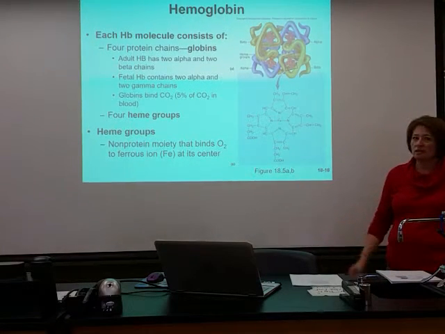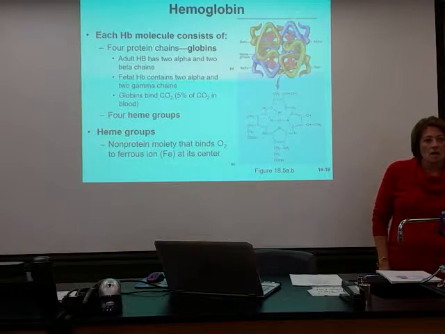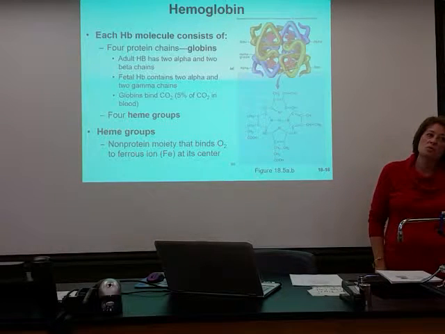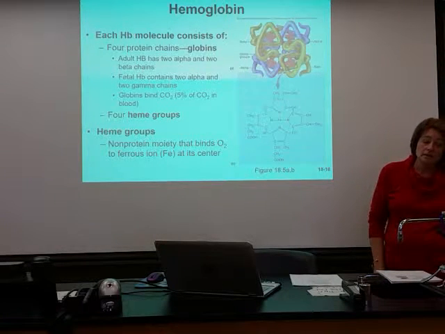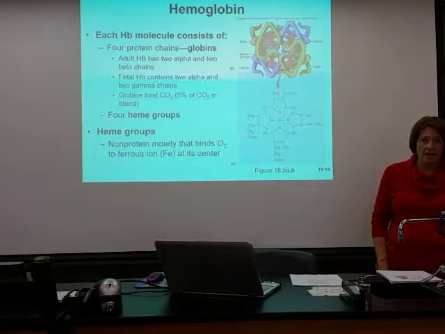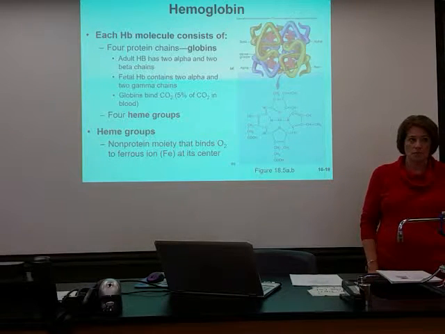Iron. Cha-ching. Iron sits right in the middle of the heme group, which sits right in the middle of the globin. All 4 of them have their own heme group.